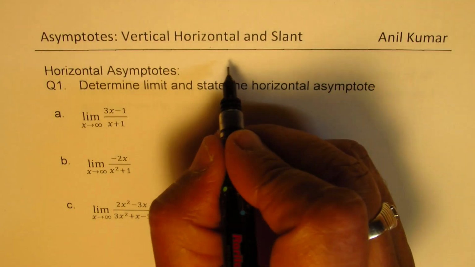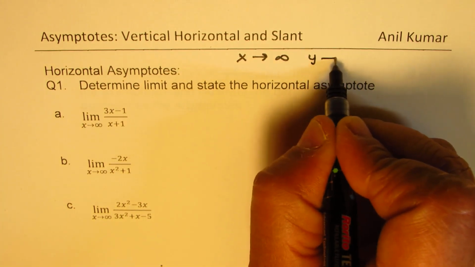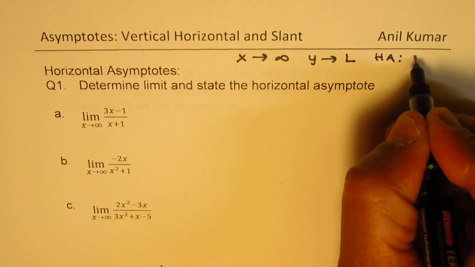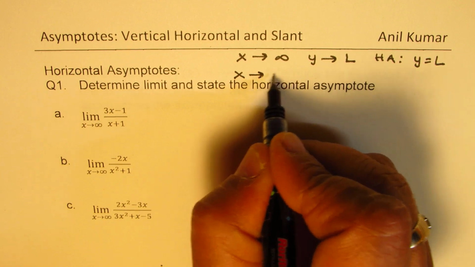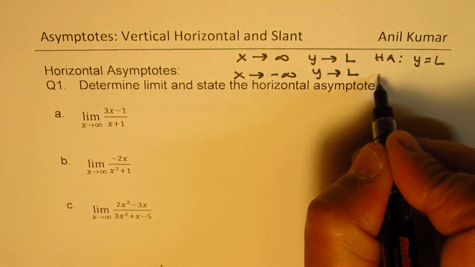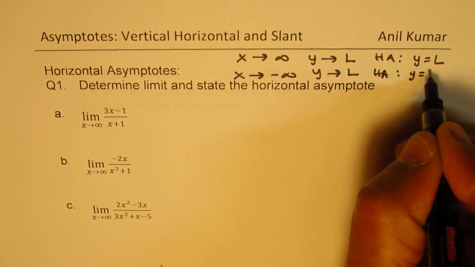The basic definition is that if x is approaching positive infinity and y approaches a value L, then there is a horizontal asymptote y equals L. This is also true when x is approaching negative infinity and y is approaching some value L, then also the horizontal asymptote is y equals L, correct?